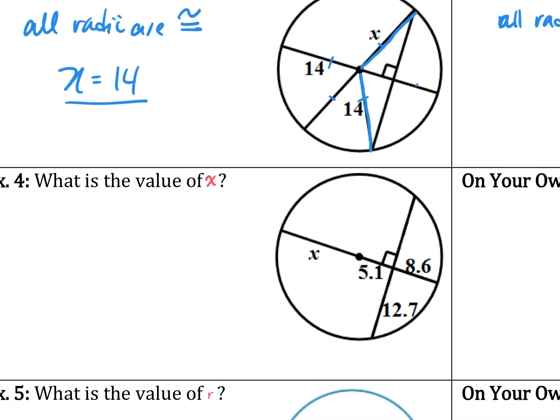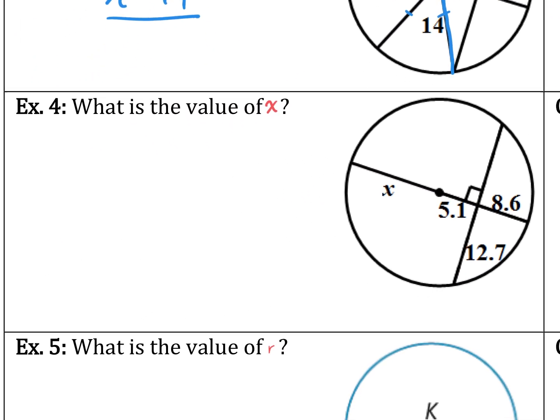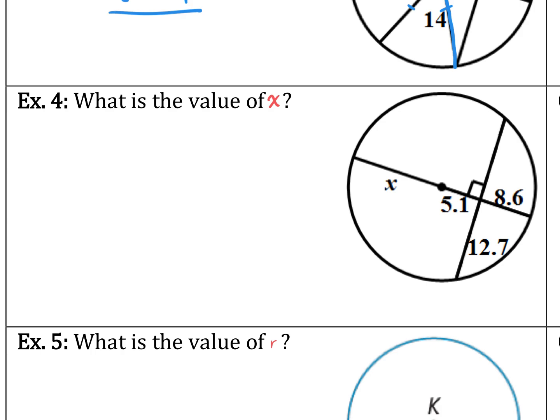Okay, let's go to the next one. Example number 4. What is the value of x? So we can see in here that the place where x is, that is actually a diameter and there is a center in here. We can also see that this part of this radius on the other side is 8.6.